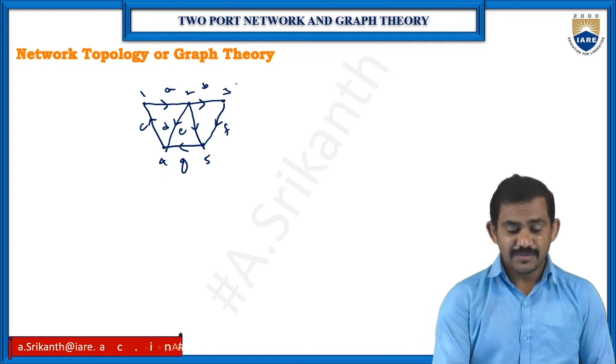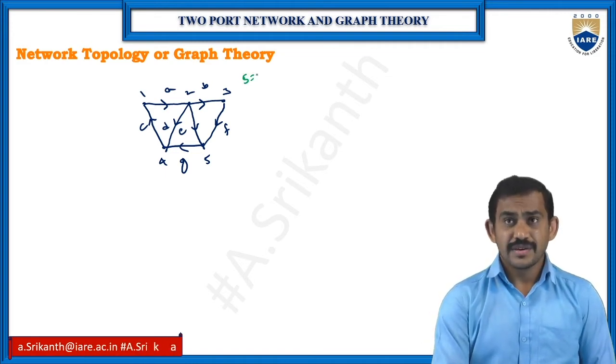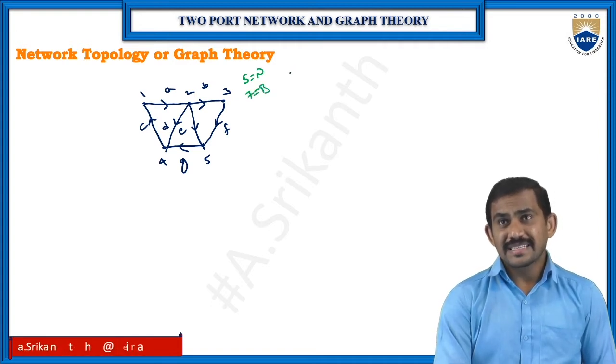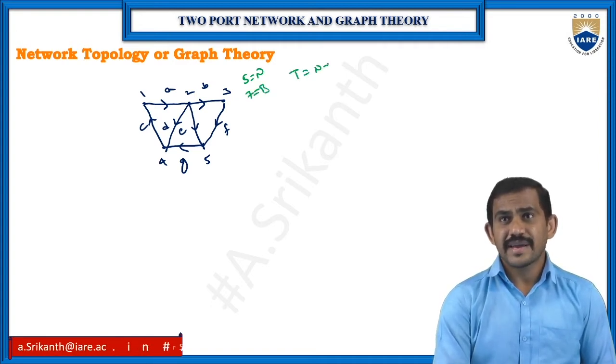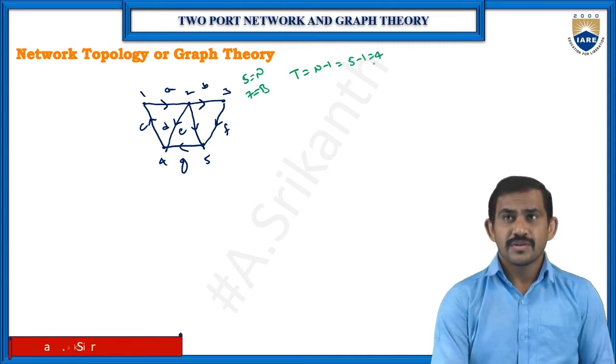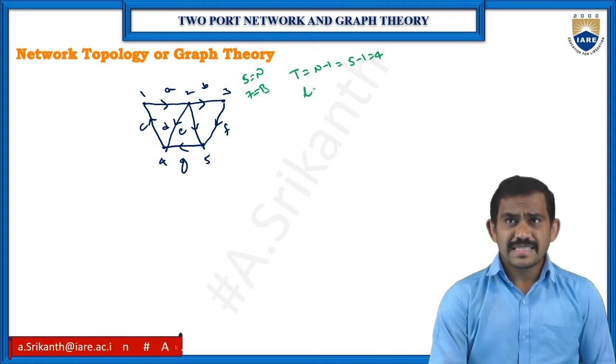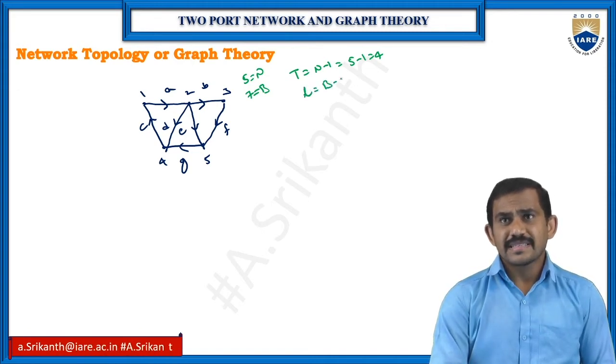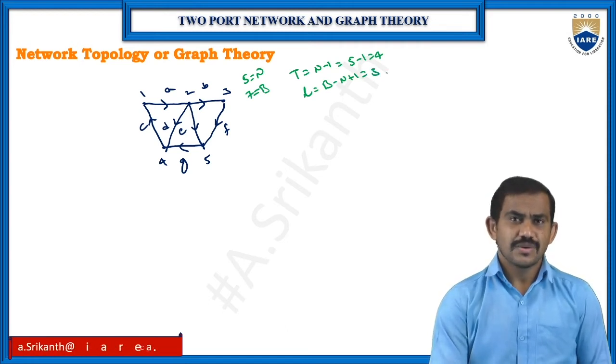For this graph we have 5 nodes and 7 branches. Trees are n minus 1, so 5 minus 1, 4 tree branches, and co-tree links are b minus n plus 1, which is 3. So the remaining branches are co-trees.